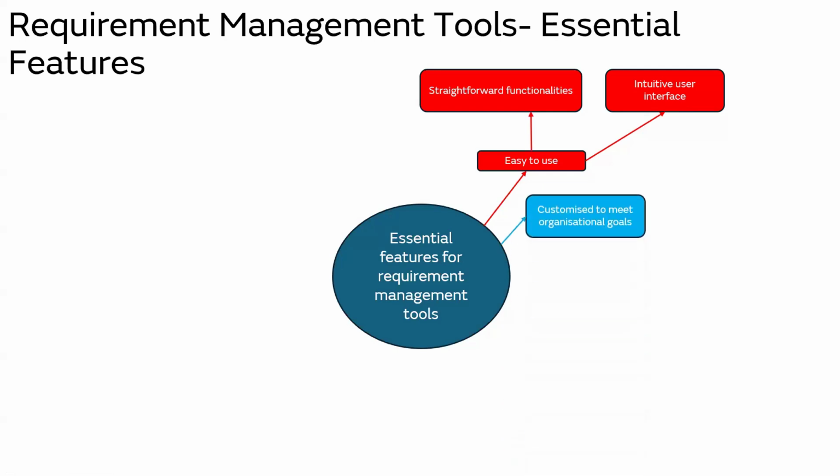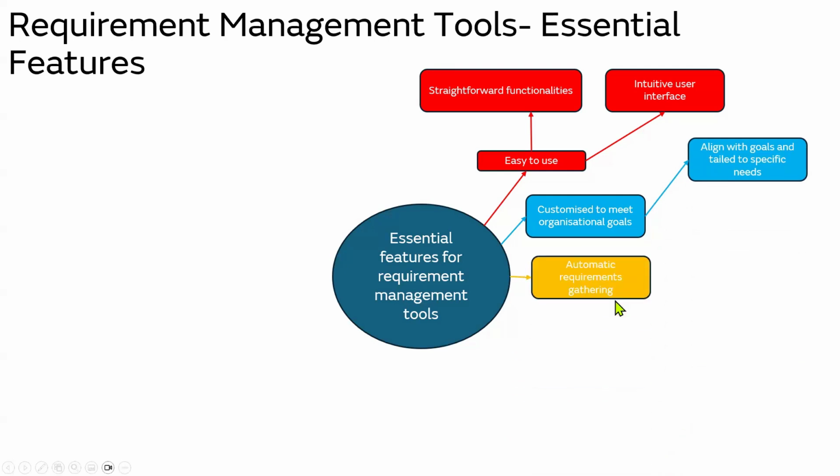And then again, you should be able to customize, because these tools come with so many different features, but you need to be able to tailor them as per your organizational needs. So you should be able to customize those tools for your needs. That's why different companies may use the same tools, but they may be tailored for the needs of that company.